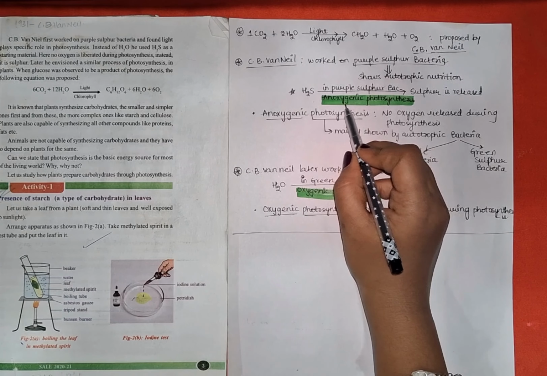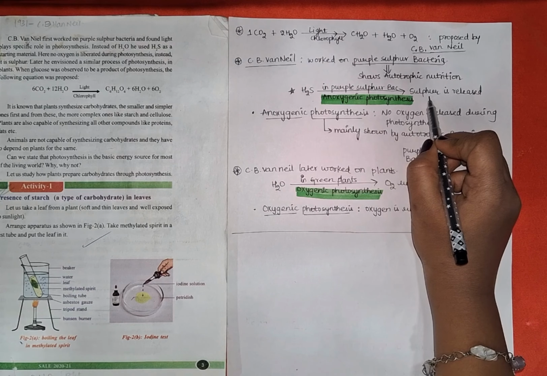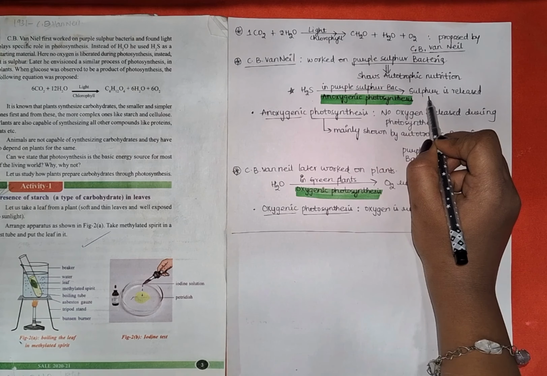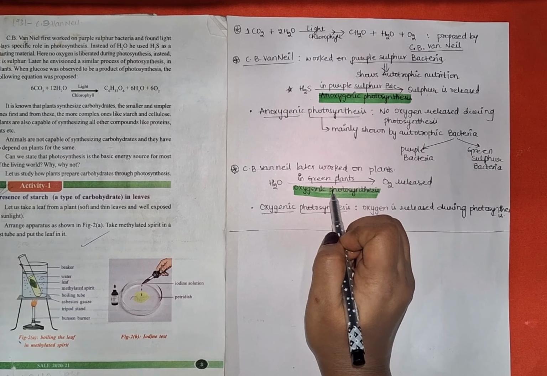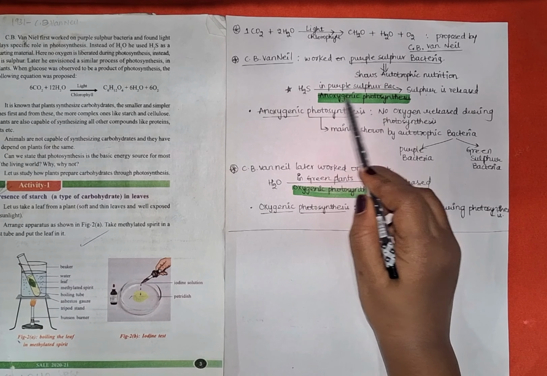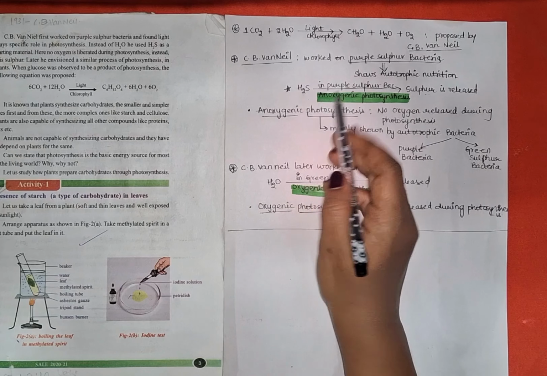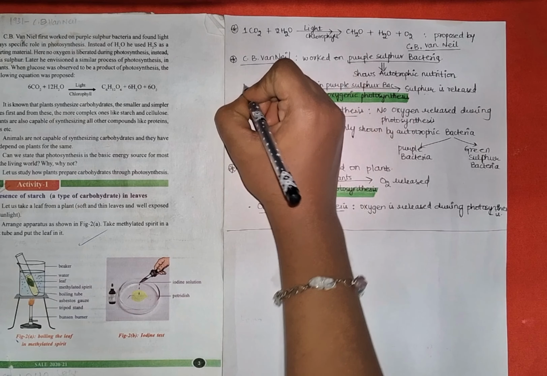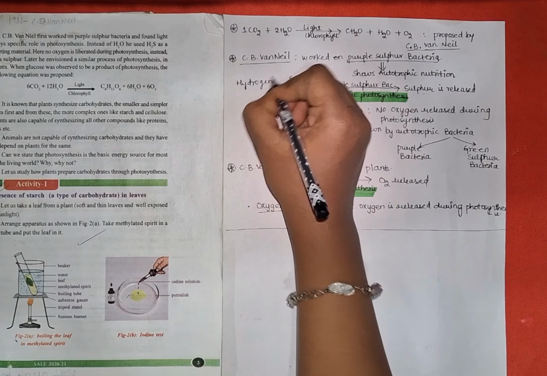It is called anoxygenic photosynthesis because here the sulfur is released and not the oxygen. If oxygen is released during photosynthesis, then it is called oxygenic photosynthesis. Because here no oxygen is released, it is anoxygenic photosynthesis. And H2S gas is the hydrogen sulfide gas.